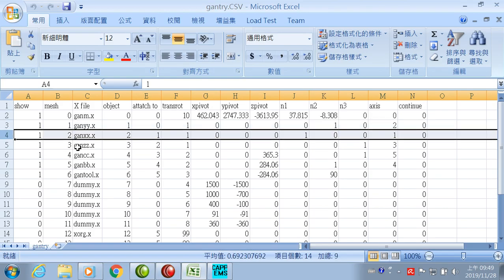Next is GANXS.X, which is object 2, is a x-axis attached to object 1, attached to GANYY y-axis, which is a translation moving along 1, 0, 0 x-axis direction using motion control card 1.